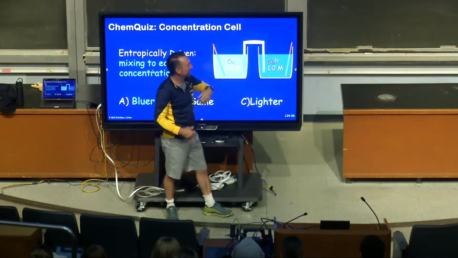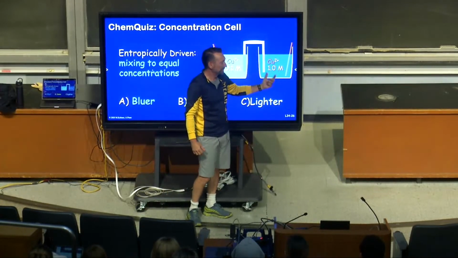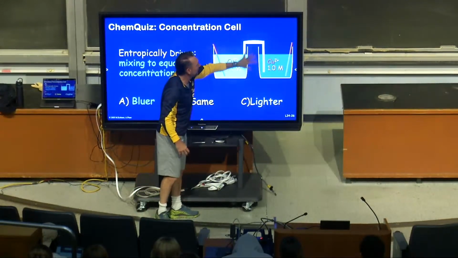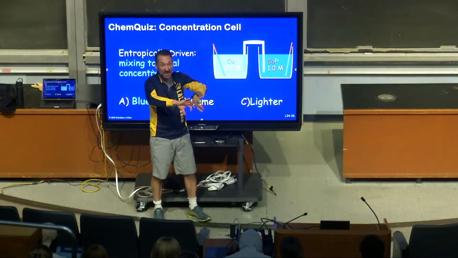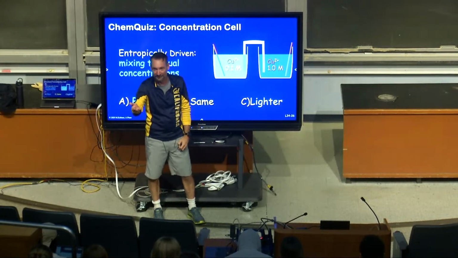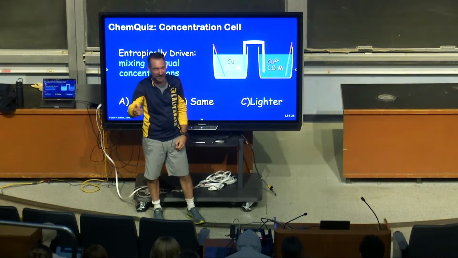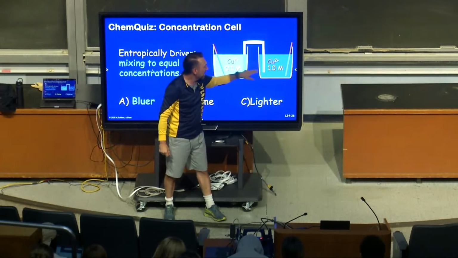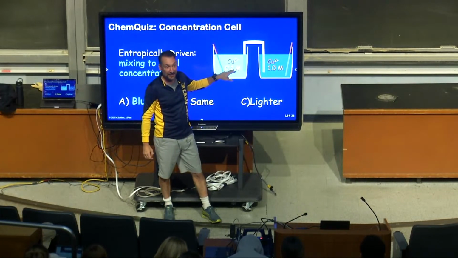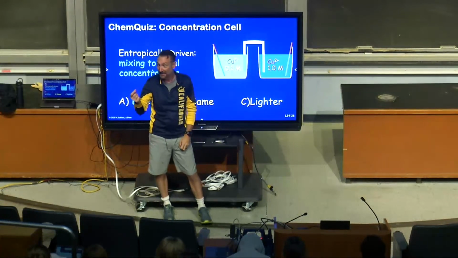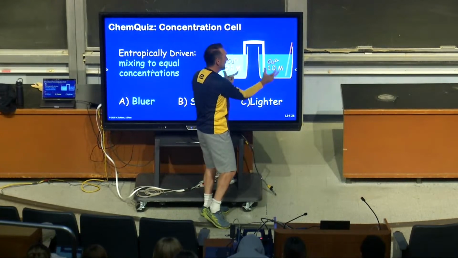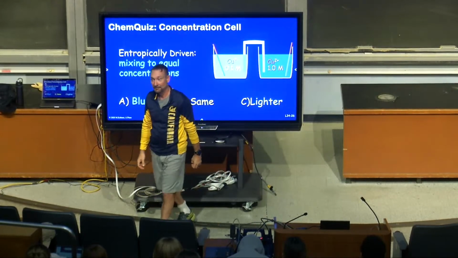Another way to think about this is you can always think about a battery: take all this stuff apart and mix them together in one beaker, and the reaction should go. If you took all this apart and mixed them together in one beaker, you would get an intermediate concentration of copper. That same thing wants to happen, is thermodynamically favored, even though they're in different beakers.